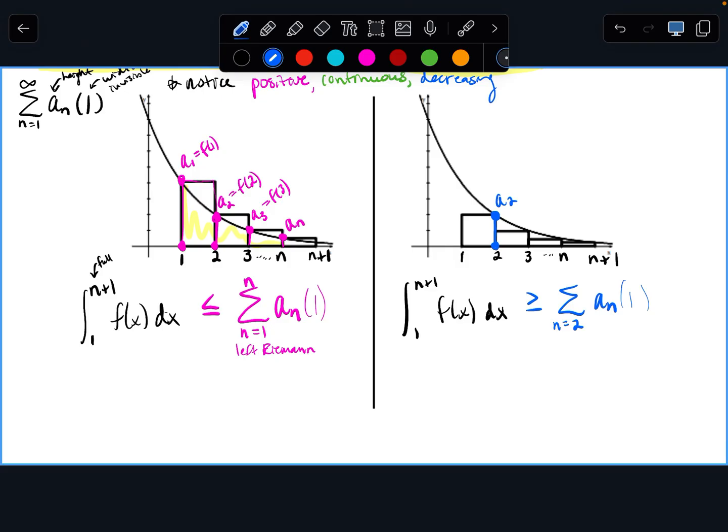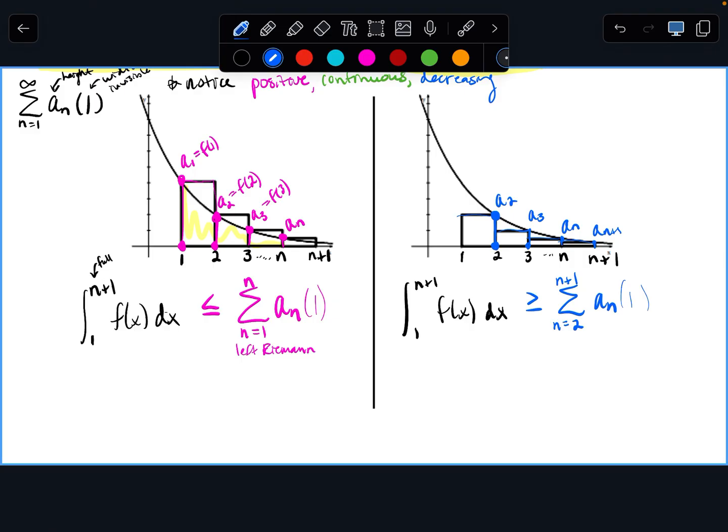So hold on. So then here, if you kept going, getting your rectangles, you do 3, right? You do n, and then your last one would be a sub n plus 1 because you're using right Riemann sums. So this sigma is going to go to n plus 1. Okay?